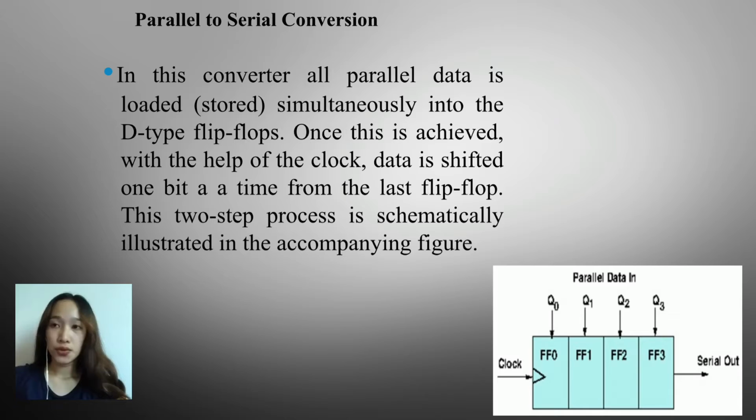So, parallel to serial conversion. In this converter, all parallel data is loaded or stored simultaneously into the D-type flip-flops. Once this is achieved, with the help of the clock, data is shifted one bit at a time from the last flip-flop. This 2-step process is schematically illustrated in the accompanying figure.